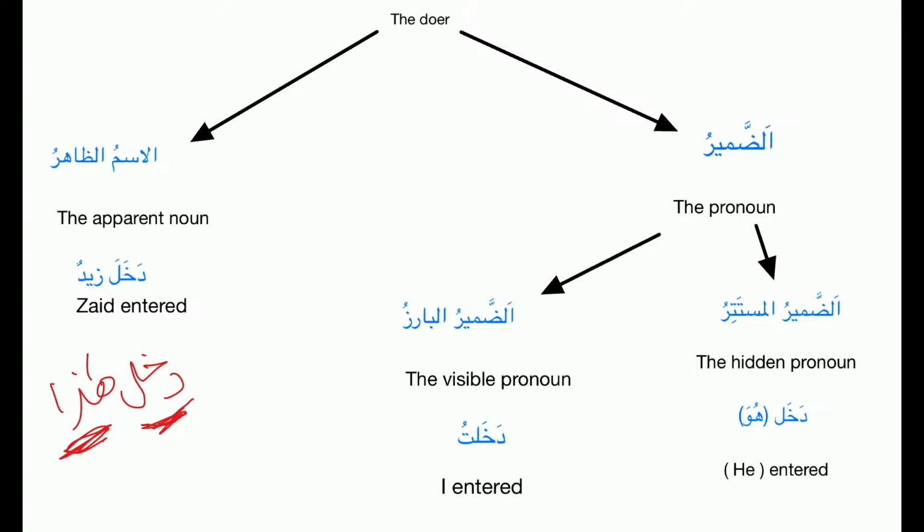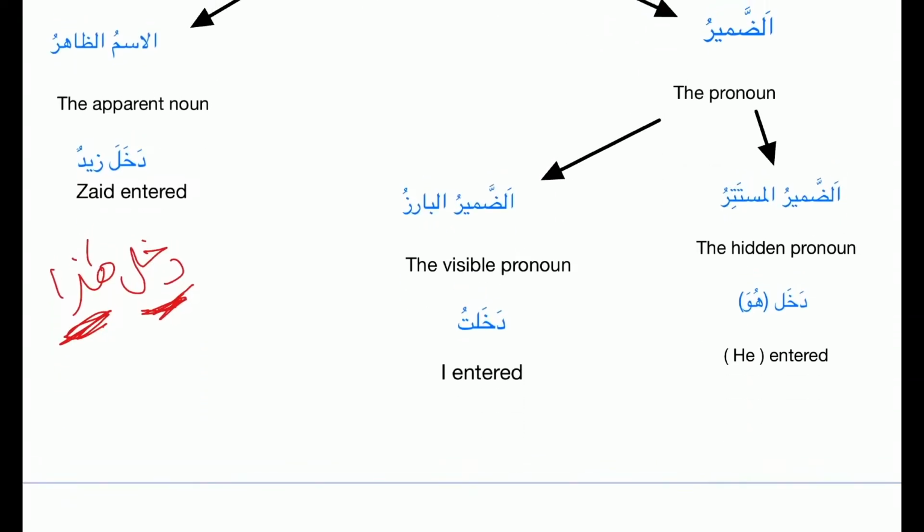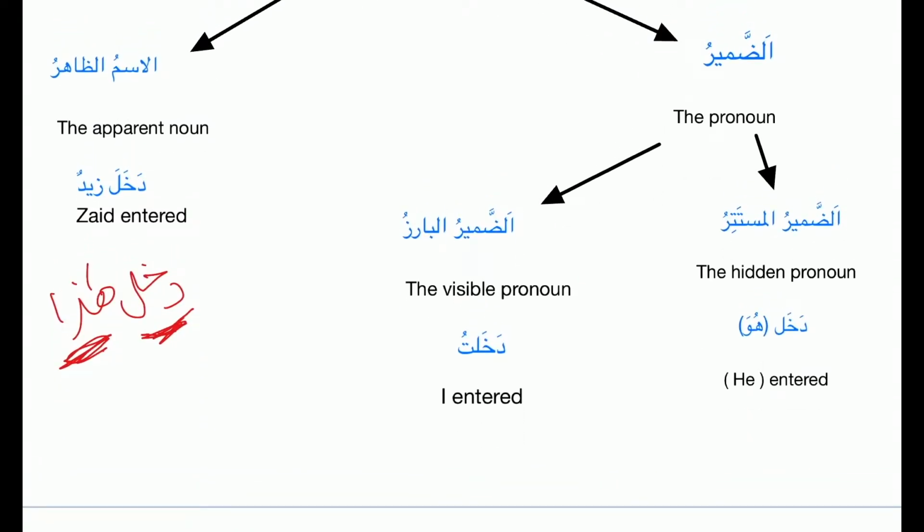So you don't have to just say Zaid, Amar, Bakar as ism zahir. Anything which is not zamir, the whole rest of the words are what? Ism zahir. Whether it is ism ishara, or if you say dakhala alladhi aslama. Okay, so look, alladhi is called ismi mawsul. Why?